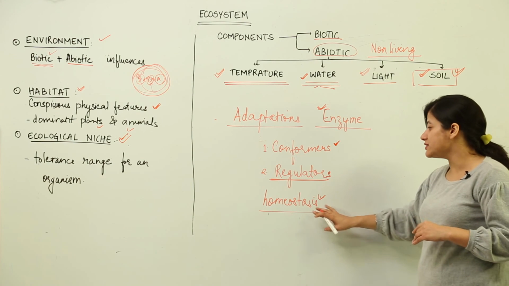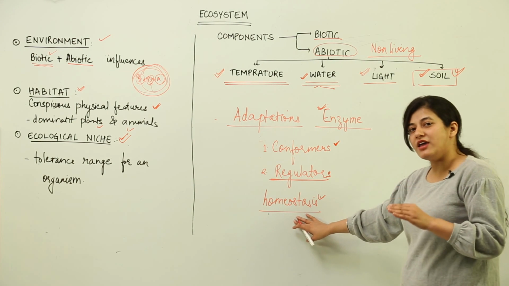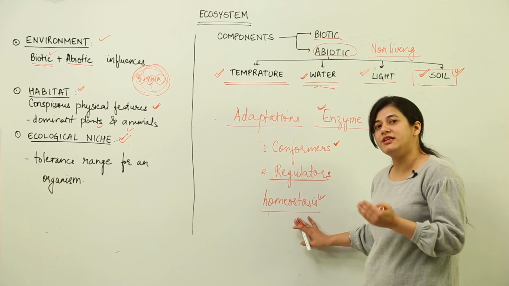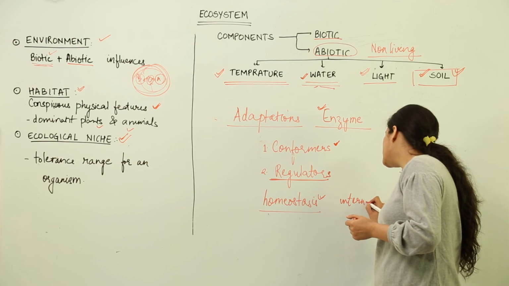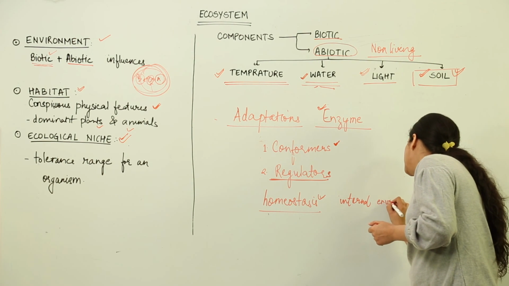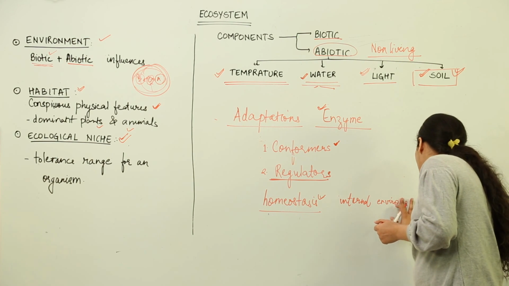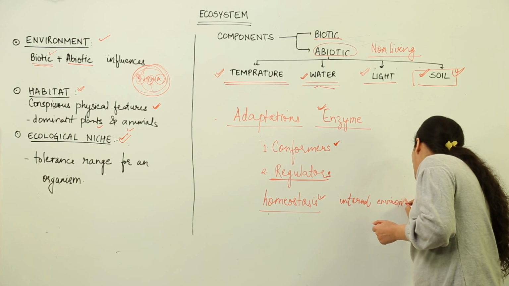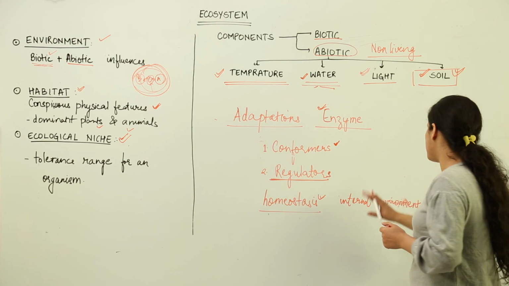What is homeostasis? Homeostasis is the ability of organisms to survive in any condition by maintaining an internal environment inside their body. So there comes environment again, but that is an internal term that is being added here. We have organisms which are least bothered by what is happening outside, at least in temperature conditions.